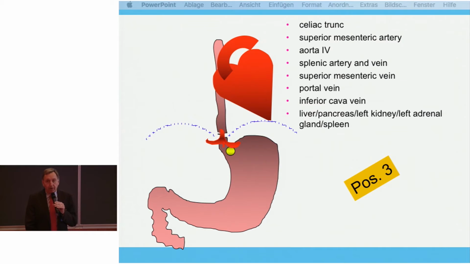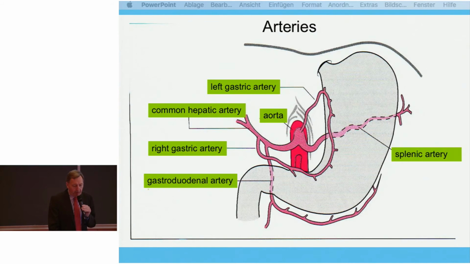The difficult part is the level of the cardia, because you have a lot of vessels at this point and a lot of tubular structures, like the celiac trunk, superior mesenteric artery, and the splenic artery. Therefore, it's more difficult for you for the orientation. You see that the celiac trunk has two important vessels.